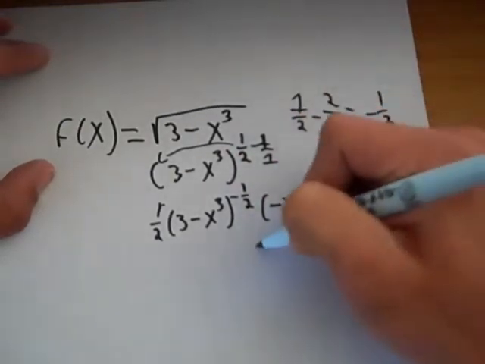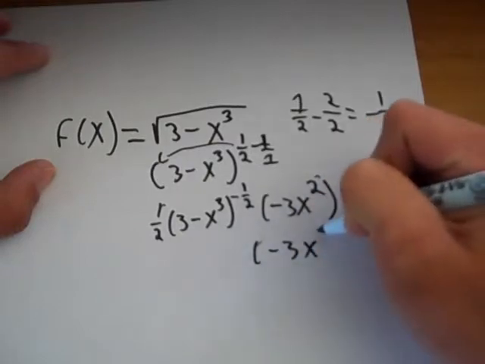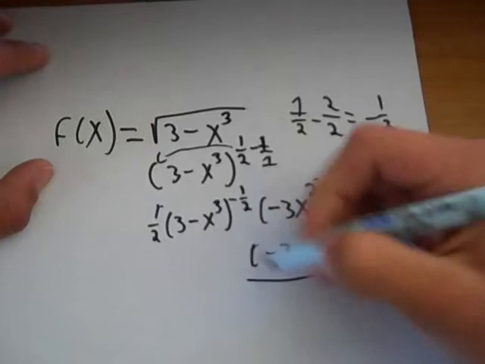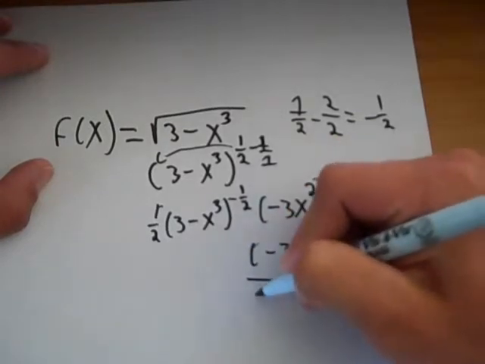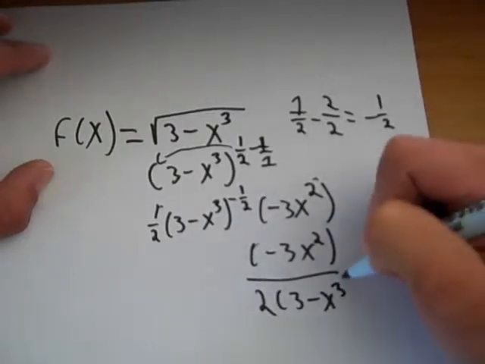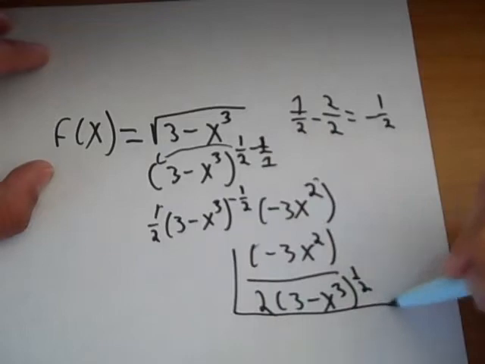Basically rewrite it. So you would get 3x squared, and the negative 1/2 exponent moves down, so it's 3 minus x cubed to the 1/2. And that should be the answer right there.